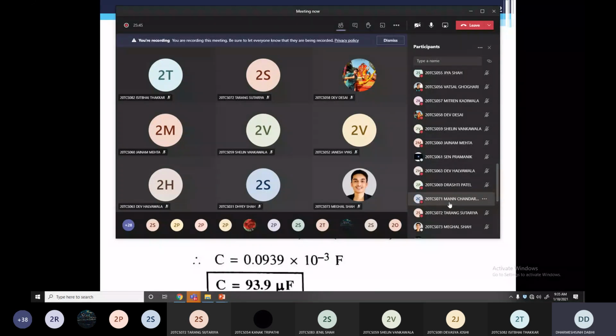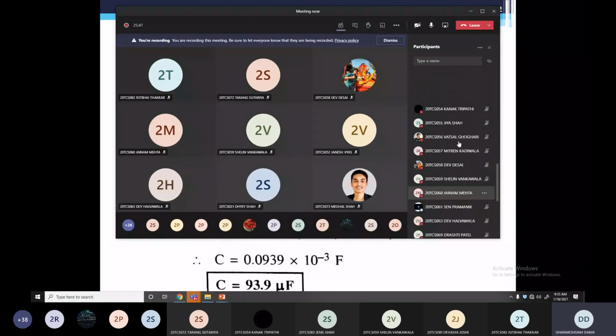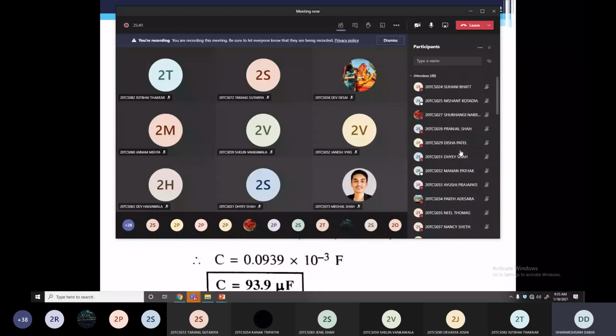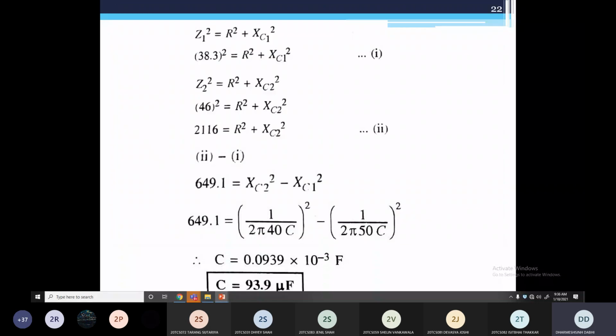Anyone? Desai, have you got the answer? Yes, sir, I'm calculating. Okay, calculate. I give you the hint. You can use equation 1 or 2.